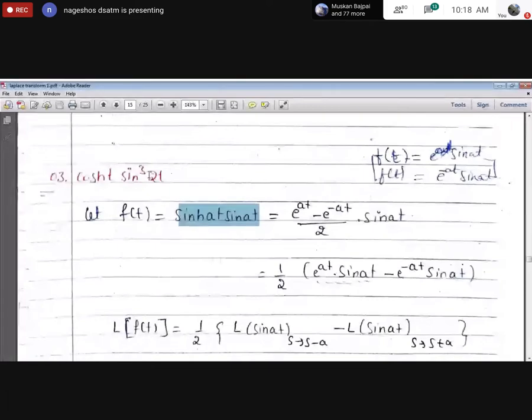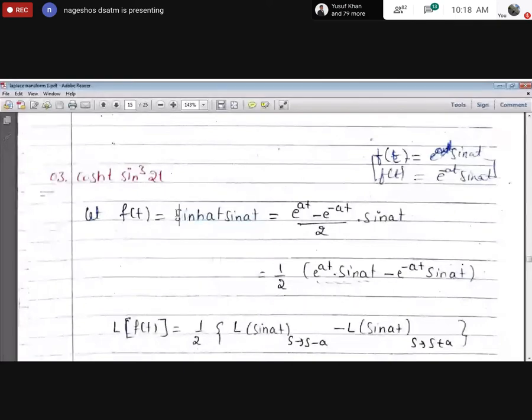You need to change this cos hyperbolic t sine cube 2t. We'll do that in fourth problem. This one, third problem is sine hyperbolic at sine at. Remember this. In notes also, you need to change, which I sent, to sine hyperbolic at sine at.